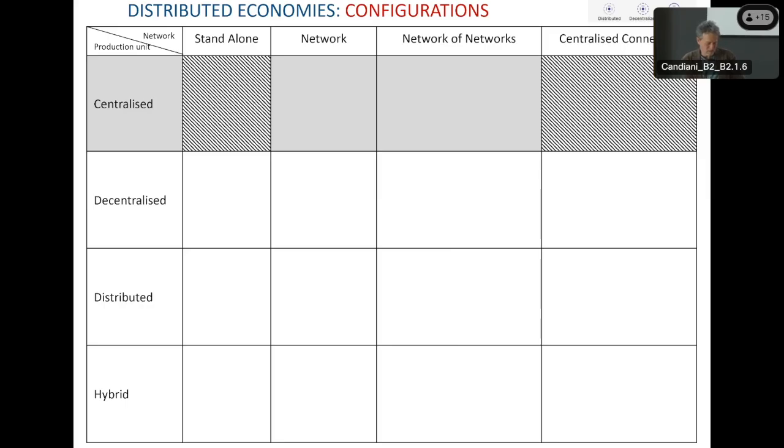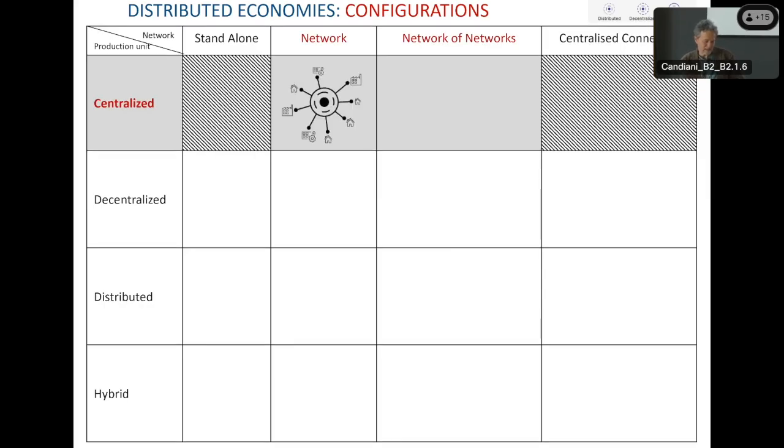Okay, so let's start. Centralized is usually a big network. I don't have to say much about this. It could be, as we said before, big coal power plants that produce energy and distribute the energy.